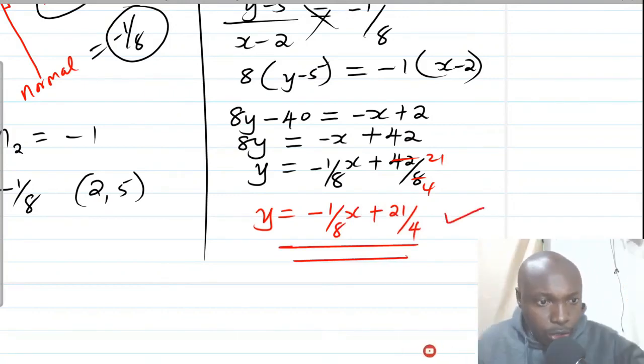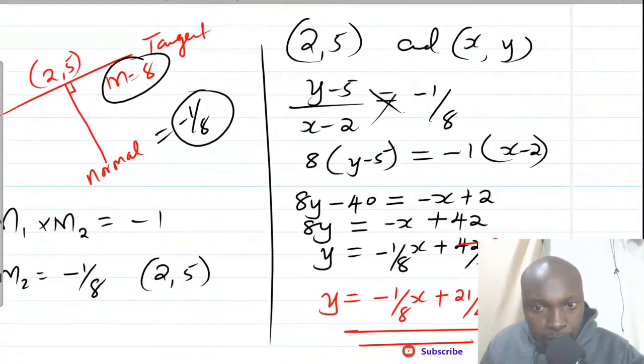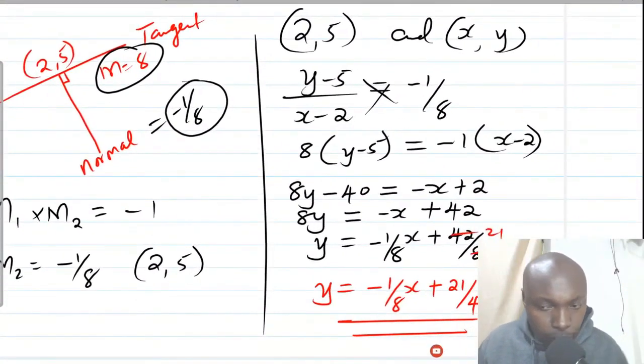That is the equation of the line that is perpendicular to the tangent. So that is how you're supposed to solve that question. Thank you.